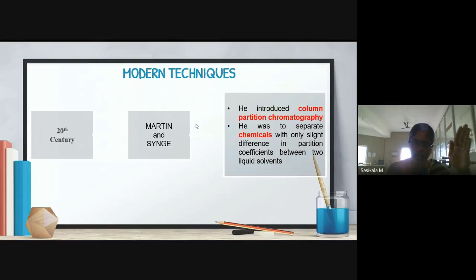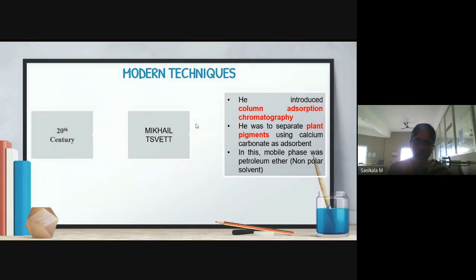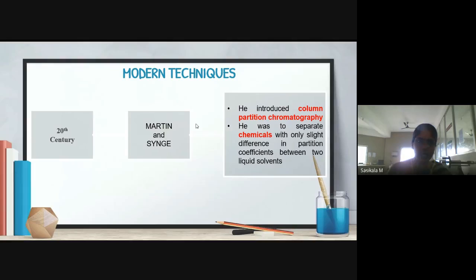And again in the same century, most of the chromatographic techniques were introduced. First by D.T. Davy, who introduced column adsorption. Then Martin and Synge introduced column partition chromatography, and those two persons separated chemicals with only slight differences in partition coefficient between two liquid solvents.